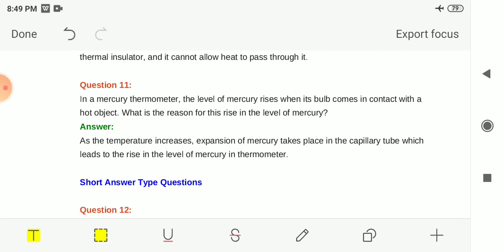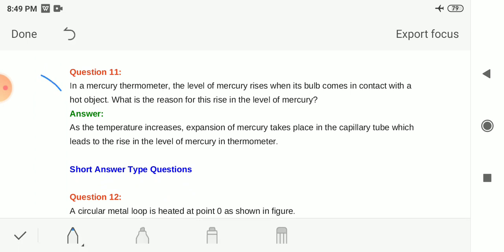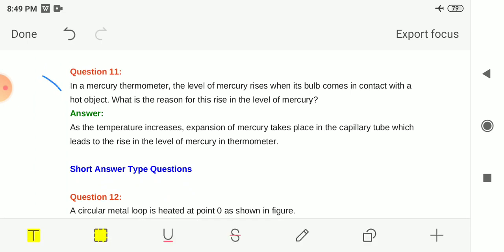Next question. In a mercury thermometer, the level of mercury rises when its bulb comes in contact with a hot object. What is the reason for this rise in the level of mercury? Why does the mercury level rise?